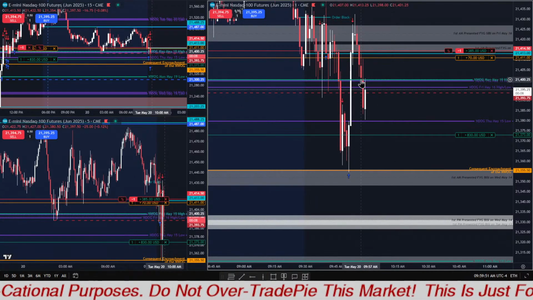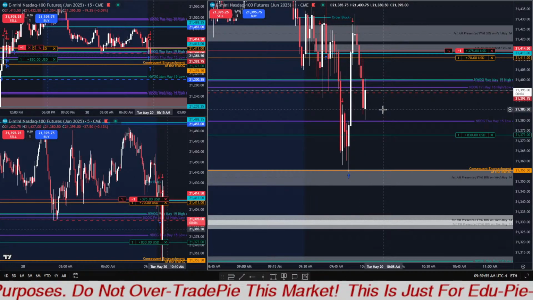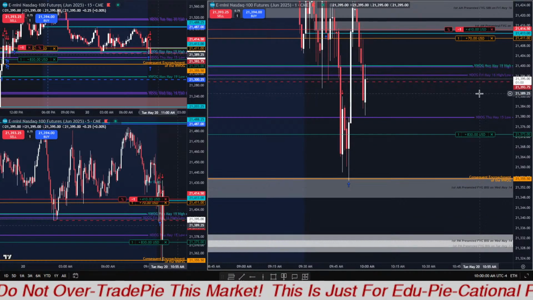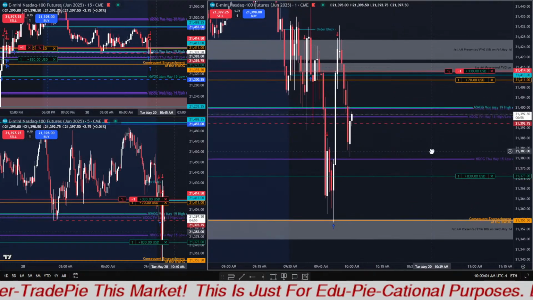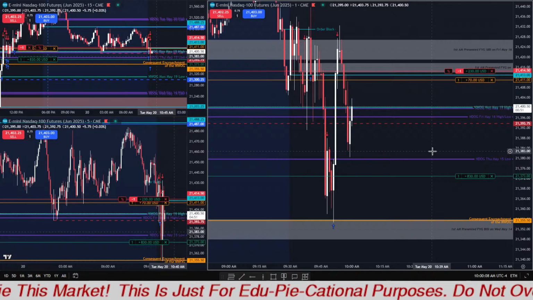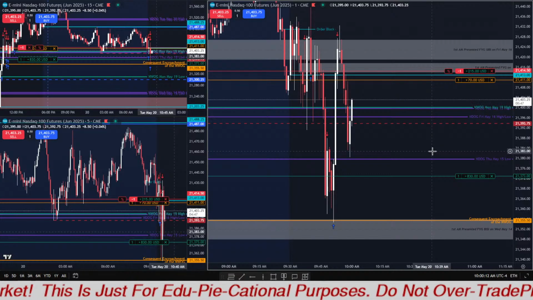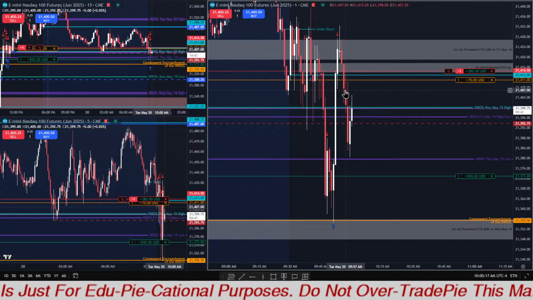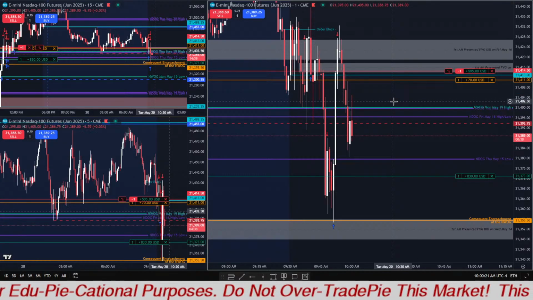We have a little volume imbalance resting over here, as well as this volume imbalance over here. This is a very poor price action.